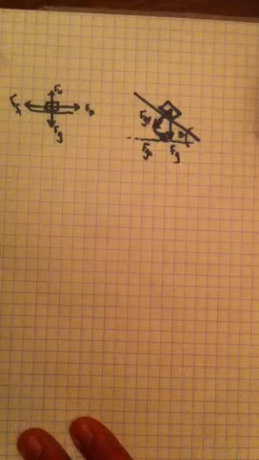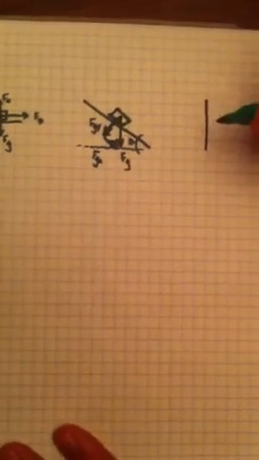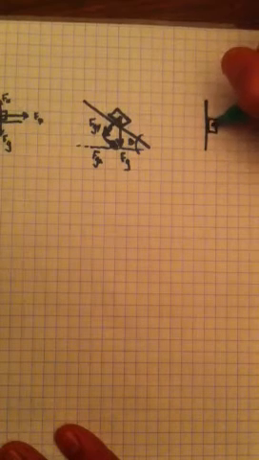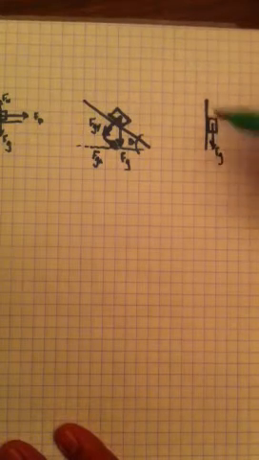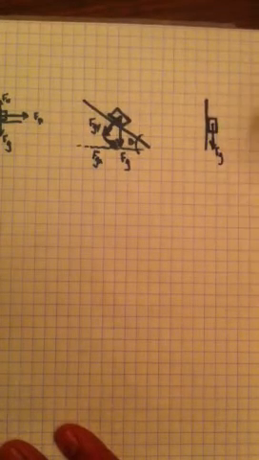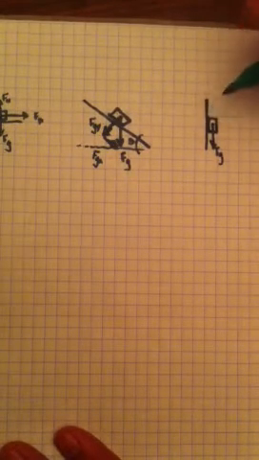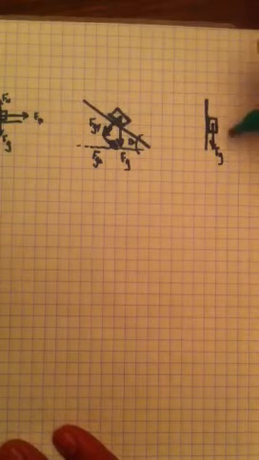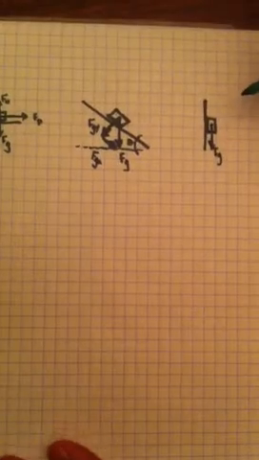If you were to take the extreme case and just stand it straight up, and you still had your block, now the entire force of gravity is pulling it down the ramp, and there is no component that's going into the board. So your normal force here is going to be 0 because there's no push on the board, so there's no push back. There's no action-reaction pair there.